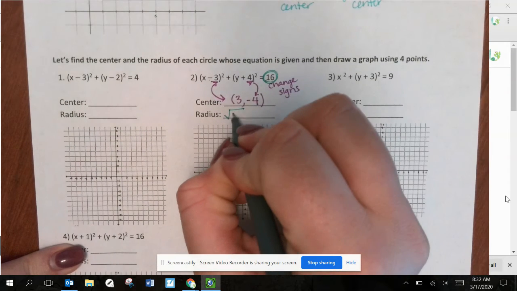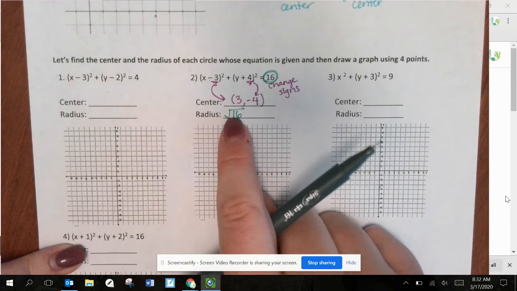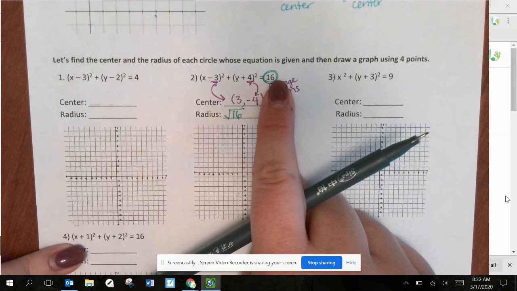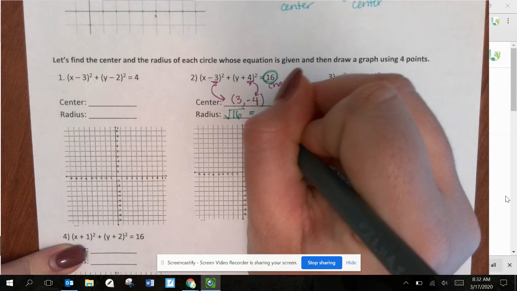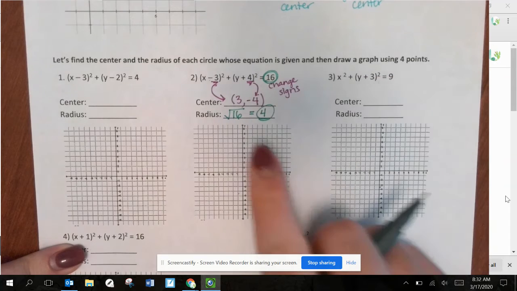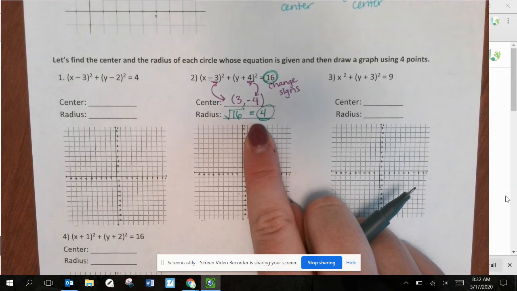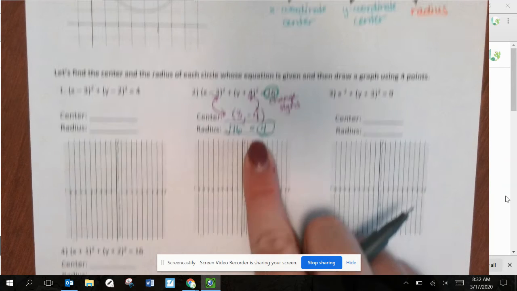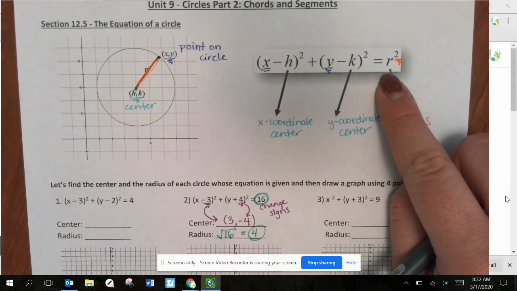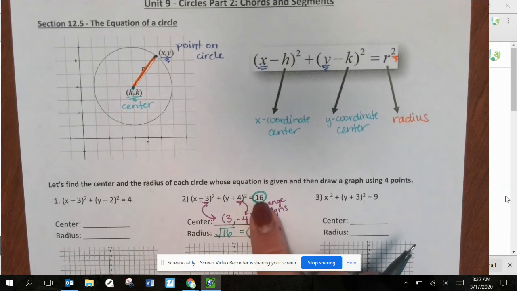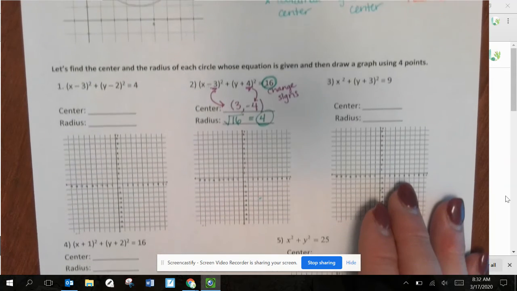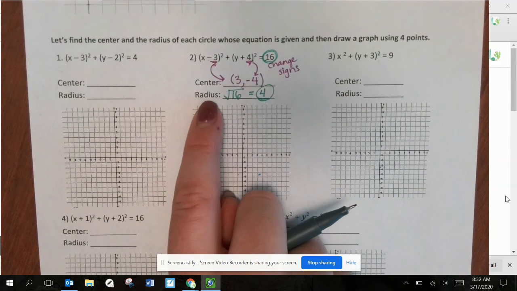I use a square root. So I'm going to take the square root of 16 to find my radius. That would be 4. So my radius here is 4. Because if I were to plug it into my equation, 4 squared is 16.